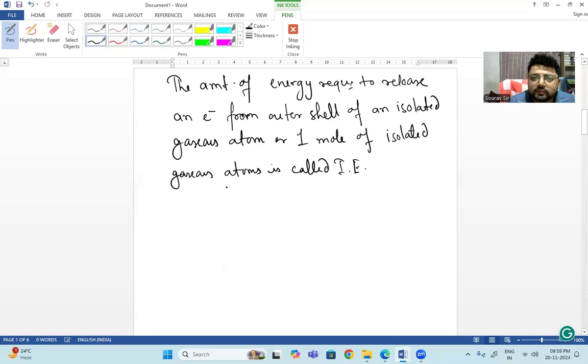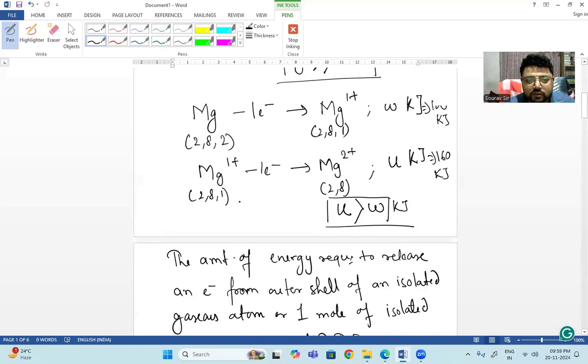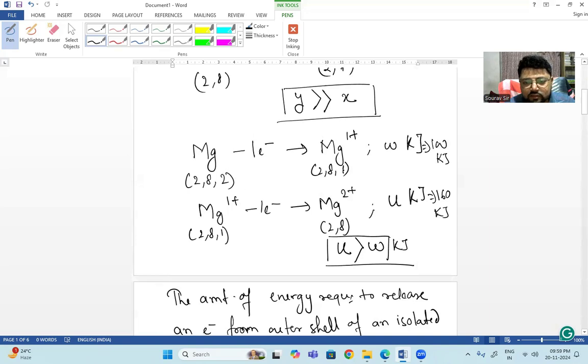Then the successive ionization energy will be the amount of energy absorbed in excess to release the second electron from the outermost shell, the new one or the last one. Suppose in the above case, as we have seen, the first electron and the second electron are being removed from the same shell, from the third shell.